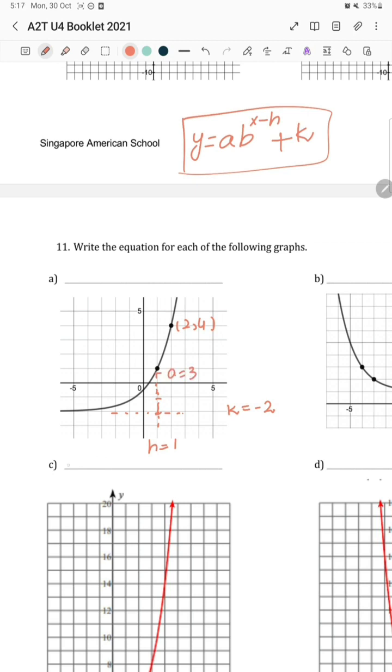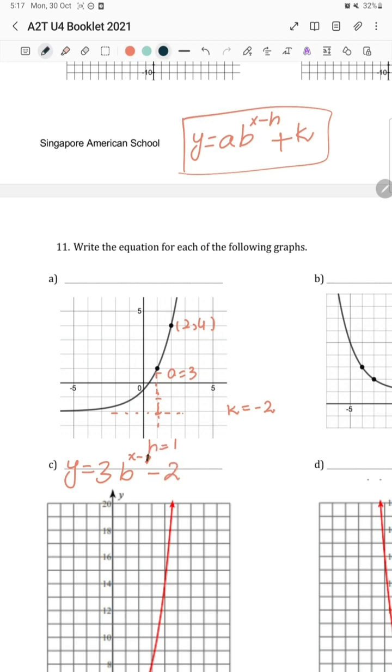So let's use the equation y is equal to a, which is 3, b, which is not given, x minus h, which is 1, minus 2.